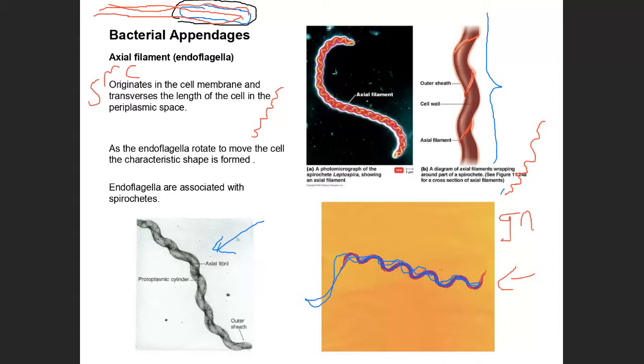So not all spiral-shaped bacteria have an endoflagella, only spirochetes. In order for an organism to be a spiral-shaped bacterium, it has to be gram-negative, because in order to show its shape, the cell wall has to be flexible. The gram-negative cell wall is flexible, but the gram-positive is not. It's rigid. Okay? Any questions?